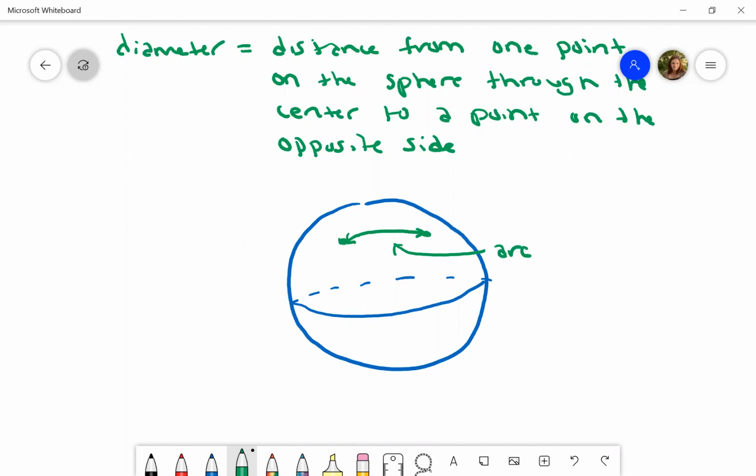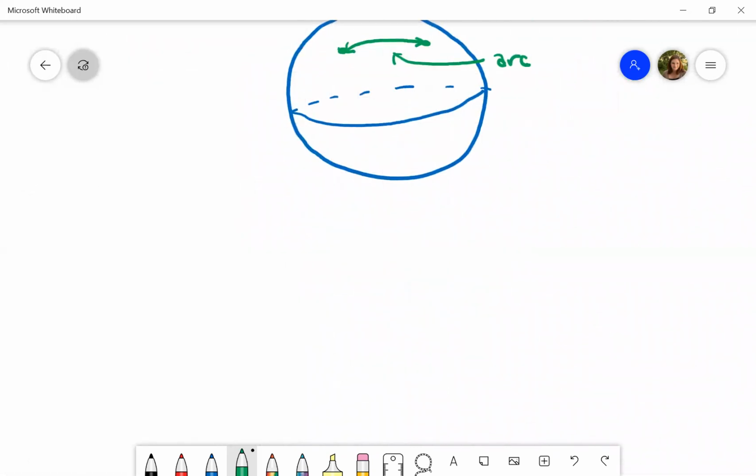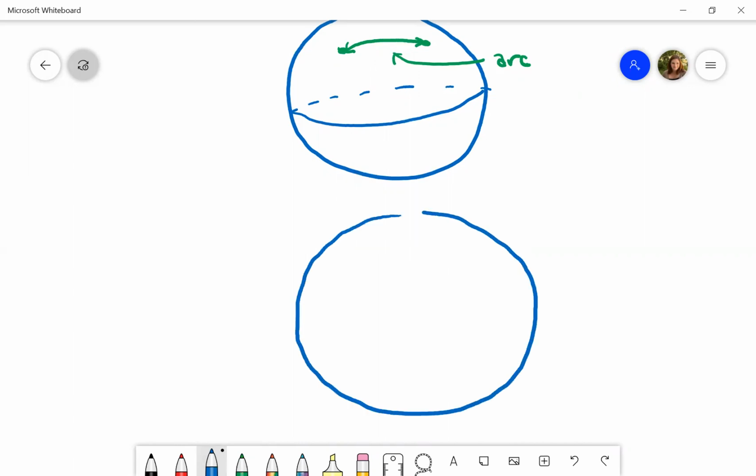We do have this idea with spheres that connects to the globe, the Earth. And we have some terminology we use for that. So let's talk about that terminology. So first of all, where I keep drawing this kind of center, right? If we're thinking of the Earth, we typically call that the equator, right? And the equator is what's called a latitude on the Earth.